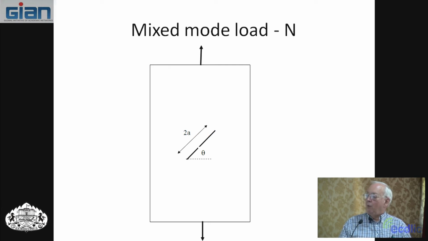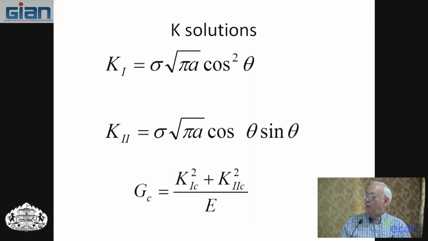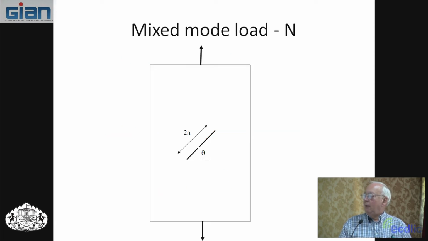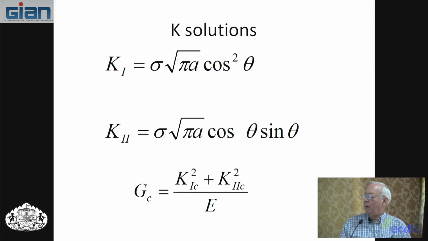I don't know if you know the Mohr circle. We use Mohr circle in mechanics of materials, and with a Mohr circle analysis you get the K1 mode and the K2 mode. The K1 mode would be the component perpendicular, and K2 would be the parallel component. So those two components are K.